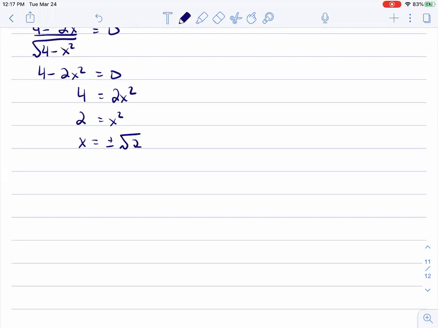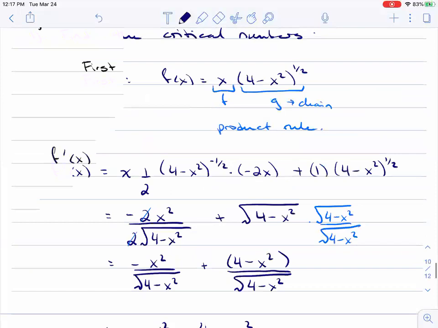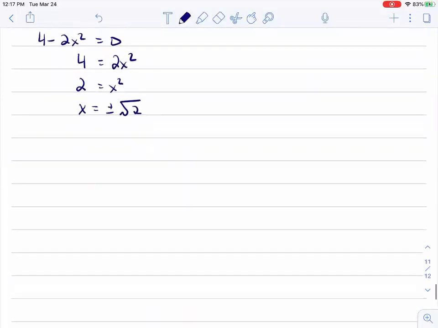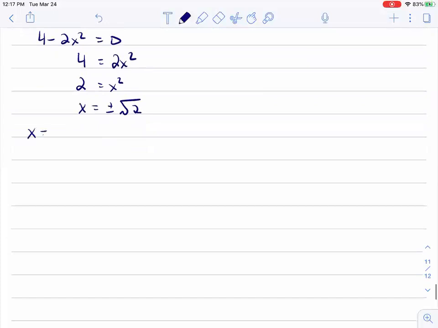Remember to always check and make sure that both of these are in the interval. The interval we're interested in is [-1, 2]. So x is either negative root 2 or positive root 2.